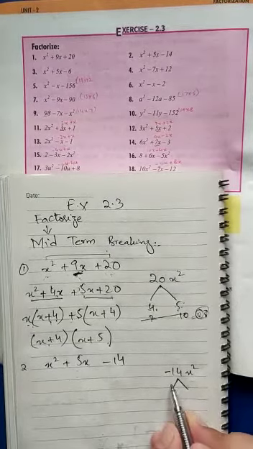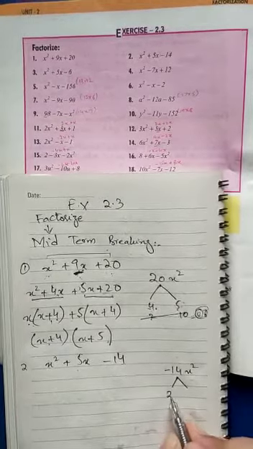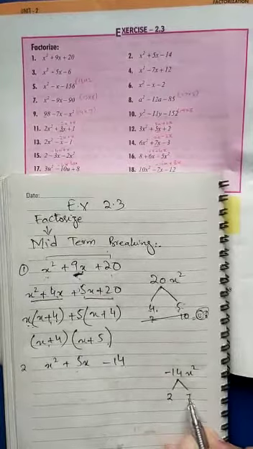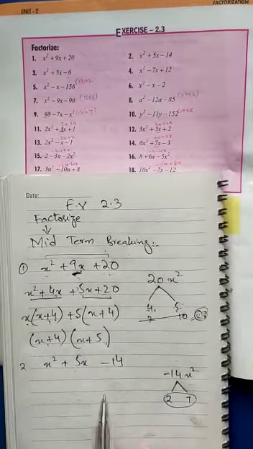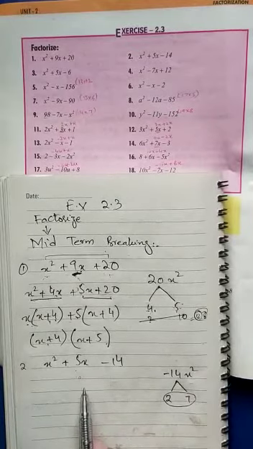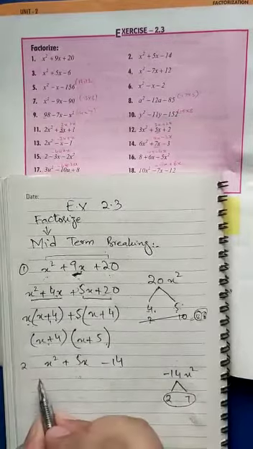So 14 has one factor, that is 1 into 14, and the other is 2 into 7. So 2 into 7 is the ideal factor, because when we subtract 2 from 7 we get 5x, and we can easily use this factor to further resolve them into factors.